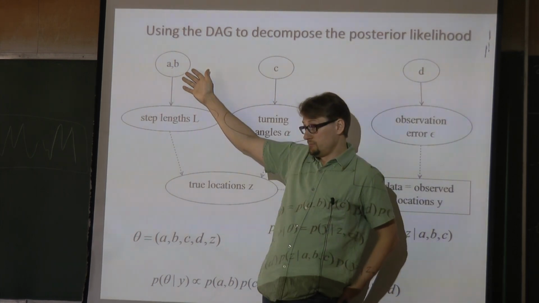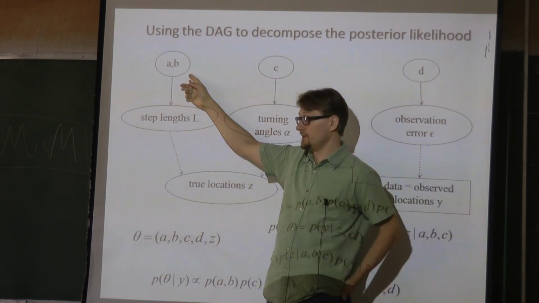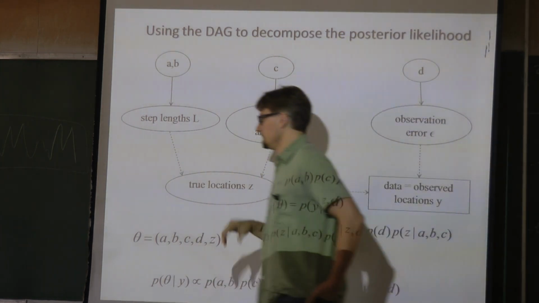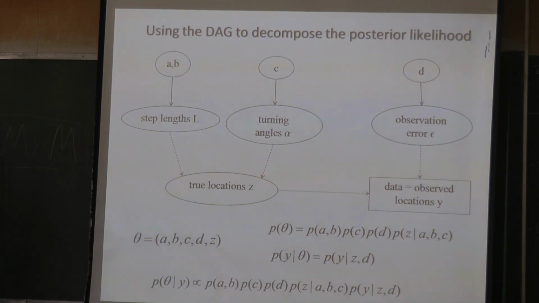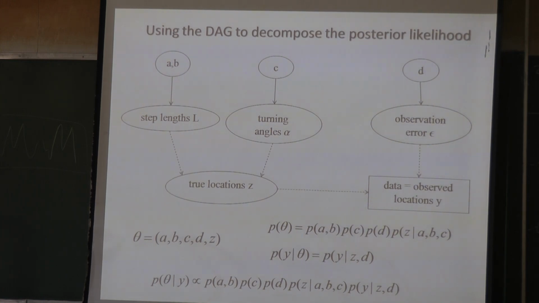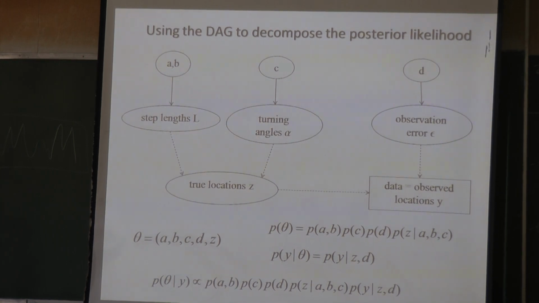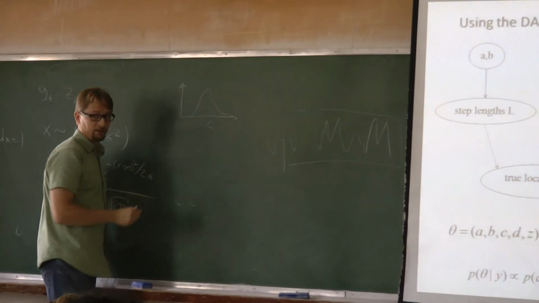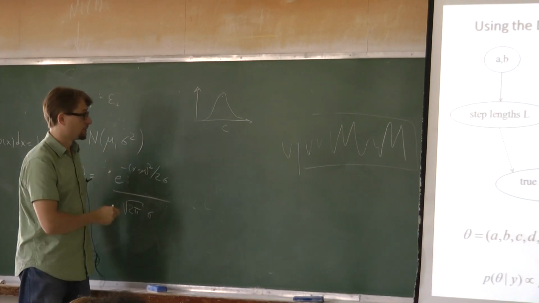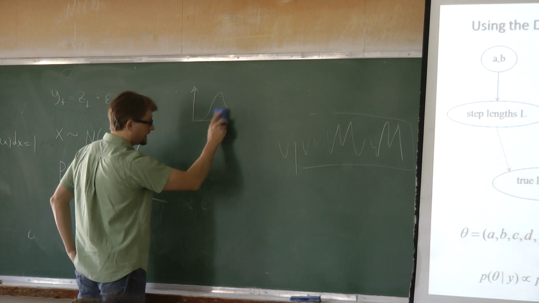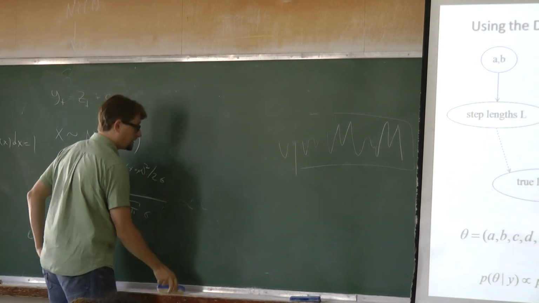But we might want to define some joint prior for A and B. That's why I wrote here P of A and B. I mean, there is no reason for doing that in practice, at least I guess in this case, but just to illustrate, your prior for, let's say, C could look like this. This would be the density for the distribution.